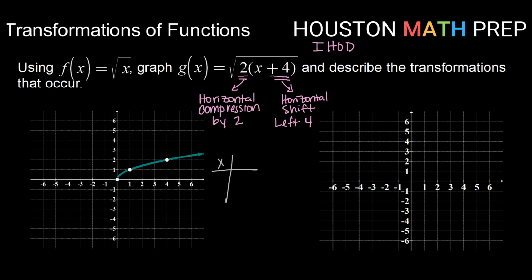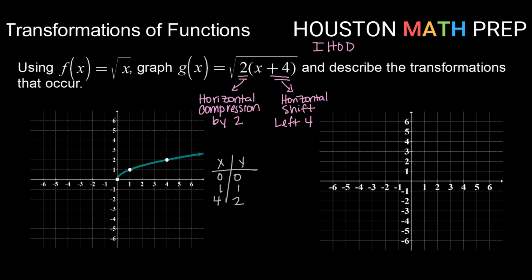Taking some of my common points here, we have (0, 0), (1, 1), and (4, 2) fitting on our graph. So if I take a horizontal compression, thinking of doing the opposite of what it looks like, I'm actually going to divide each of my x values by 2, or make them half as far away from the y-axis as they are.